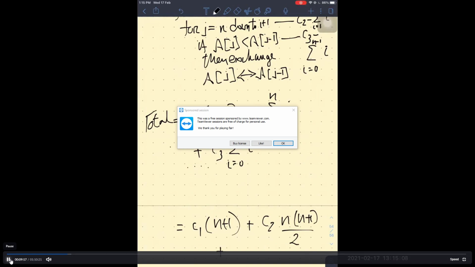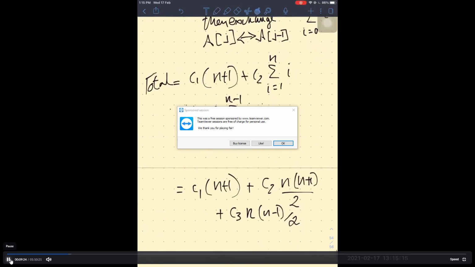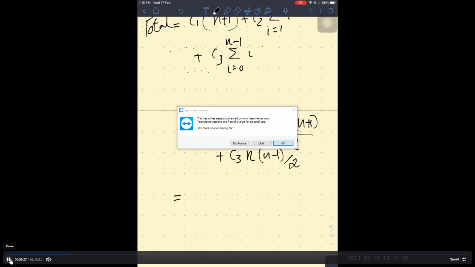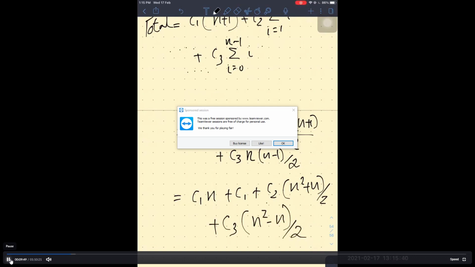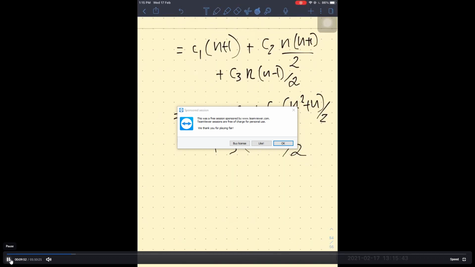Then for the last one we have C3 times n times n minus 1 divided by 2. Solving that we get C1, C2 times n squared plus n divided by 2, and then C3 times n squared minus n divided by 2.